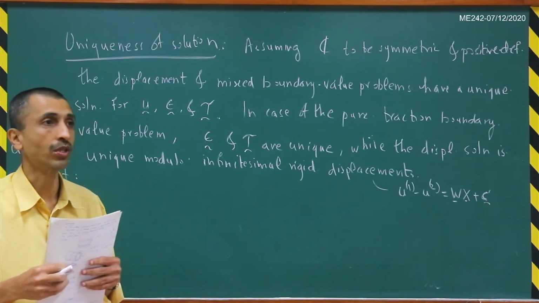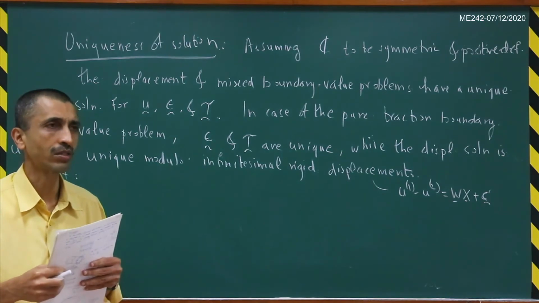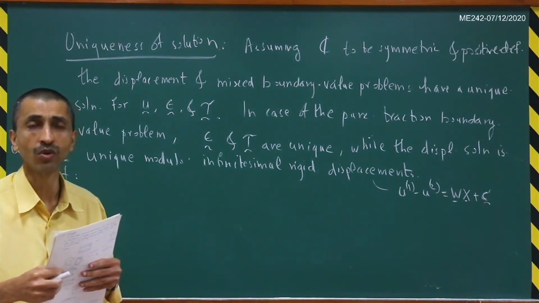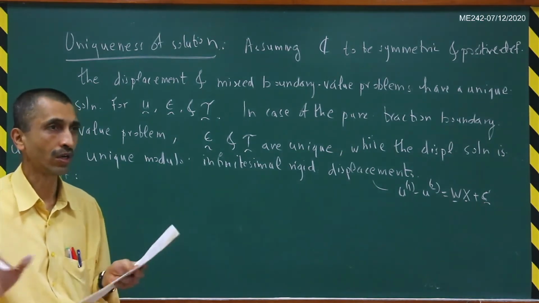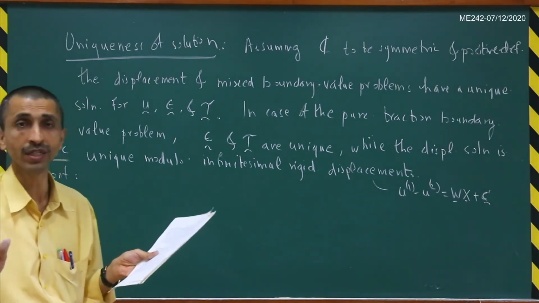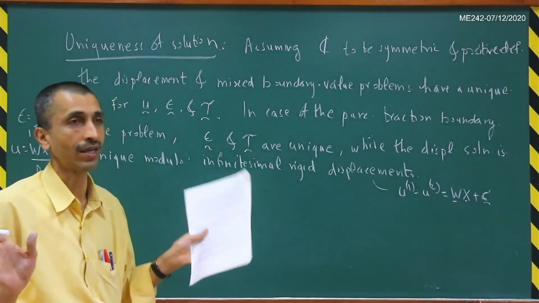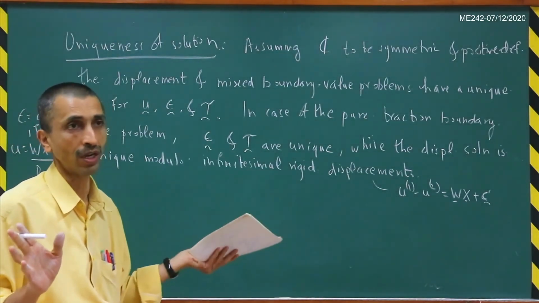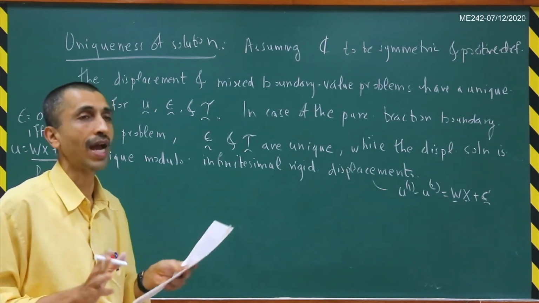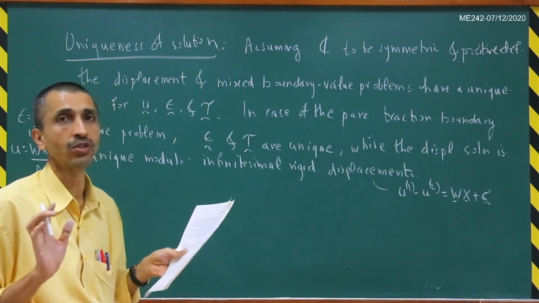It involves very elaborate concepts from functional analysis and so on and so forth. So we will not get into that. We will simply assume that a solution exists. As I said, mathematicians have already proved that a solution exists to this particular problem. So we will assume that a solution exists, and then we try to show that the solution is unique.